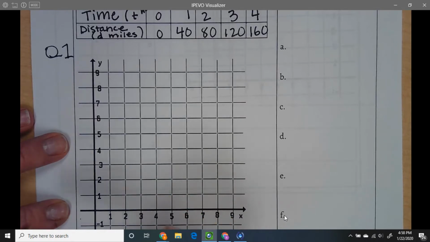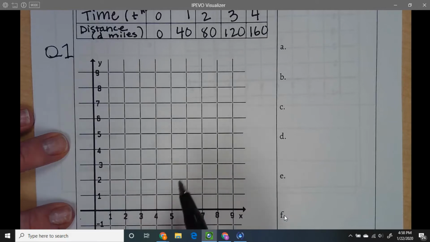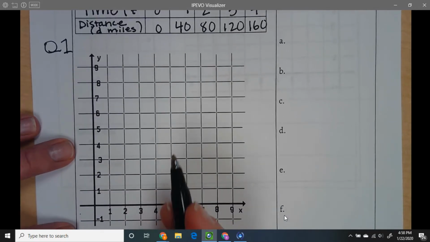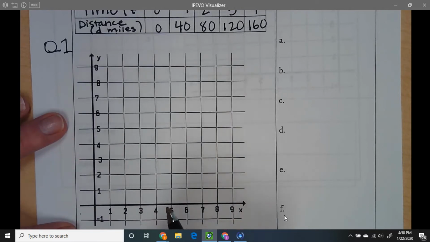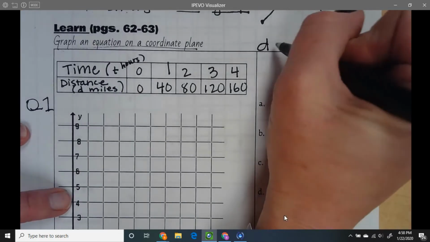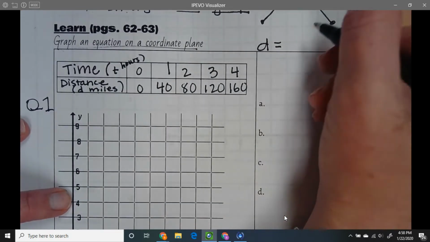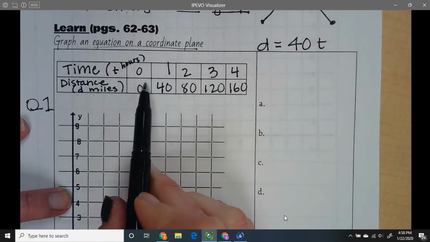If we read the problem on page 62, it says Angela is driving to the Raccoon River. The distance traveled, or D miles, after T hours is given by the equation D equals 40T. We could check that to see if it works.